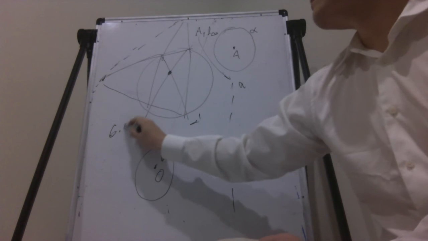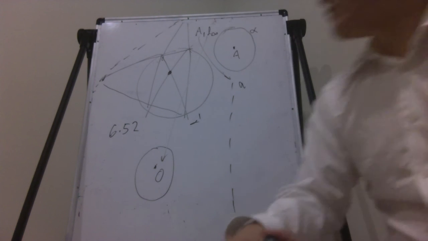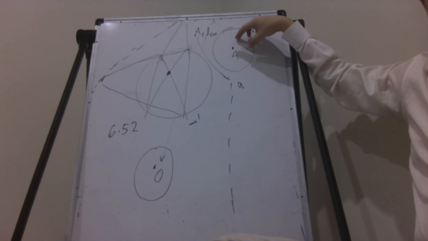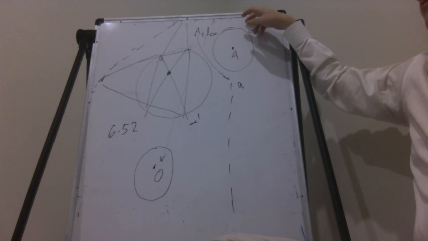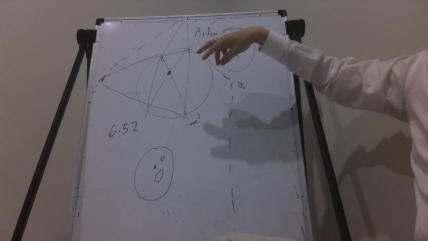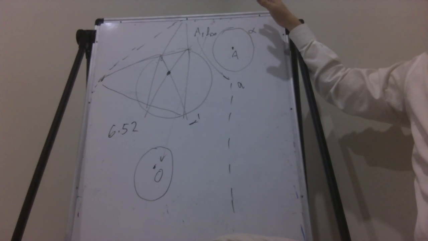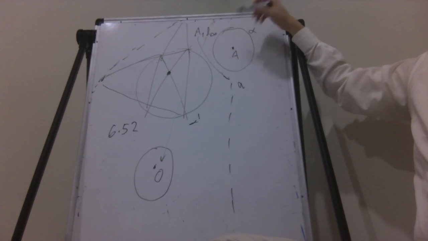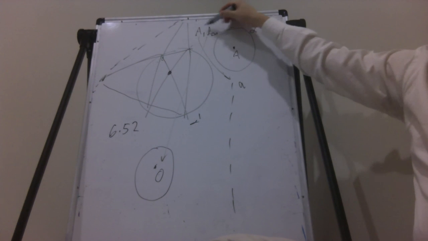Just for this particular part, assume that if two things are pole and polar with respect to one circle, or reciprocating circle, then their images are also pole and polar with respect to the image of the circle. If we assume that, then you see that the center of the circle has nothing to go to but the line at infinity.